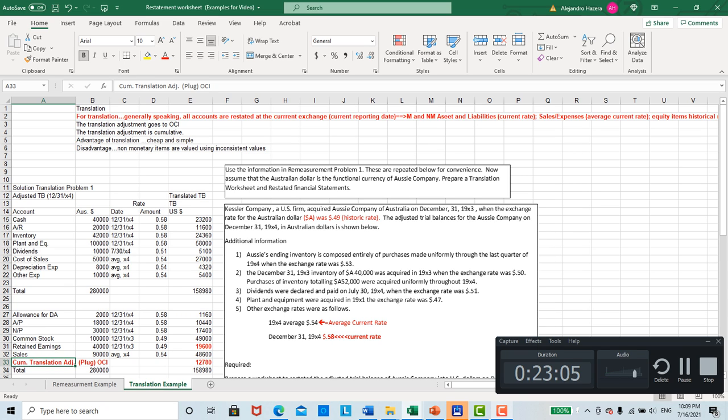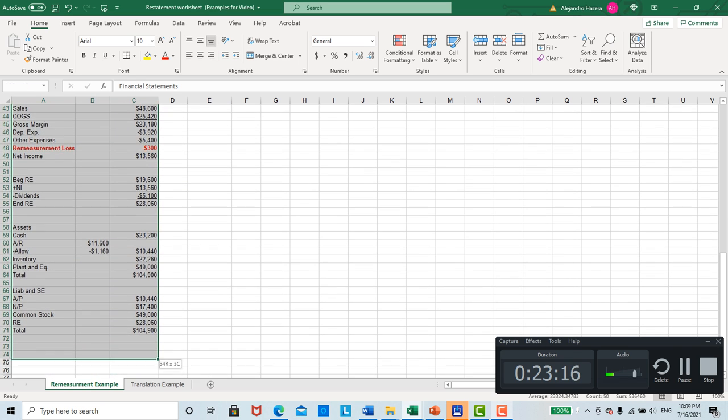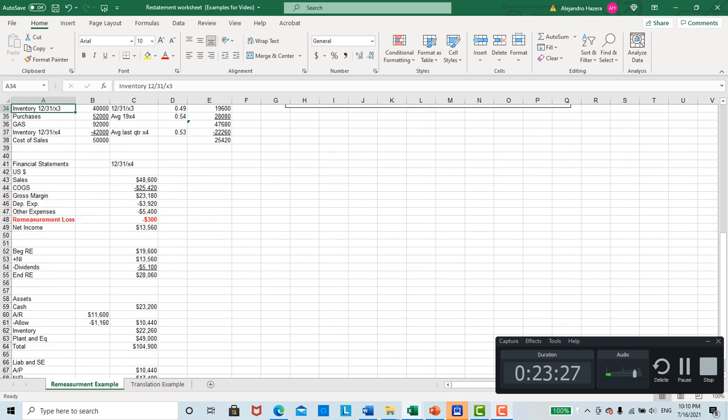It doesn't mean anything, whereas over here, the remeasurement loss does mean something. It's part of income. These are the statements that, theoretically, you would get if your foreign sales office, because they're a sales office in this case, not a separate foreign manufacturer, actually operated in the United States. Theoretically, that's what you should get.